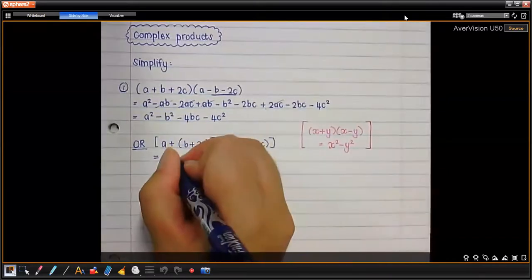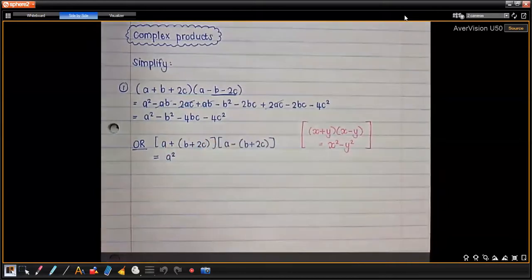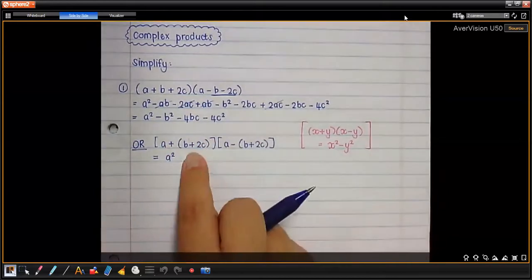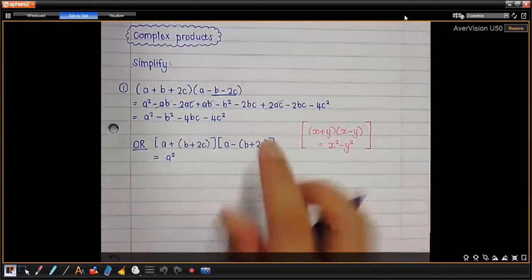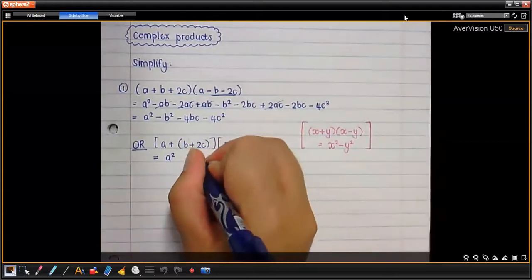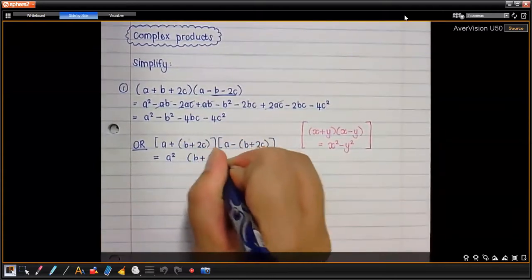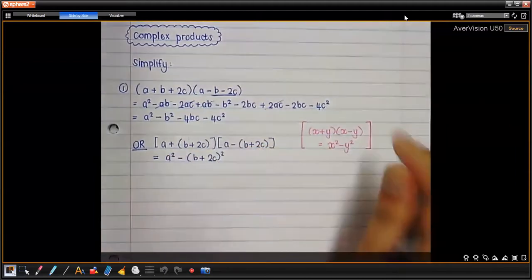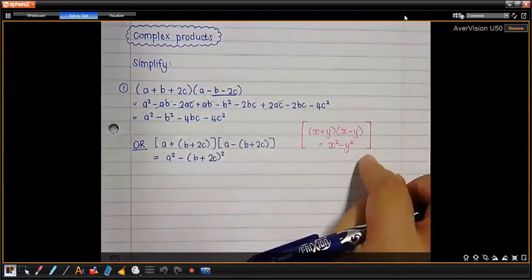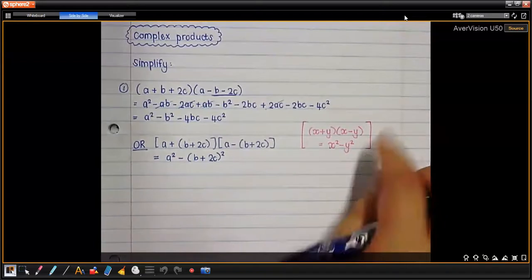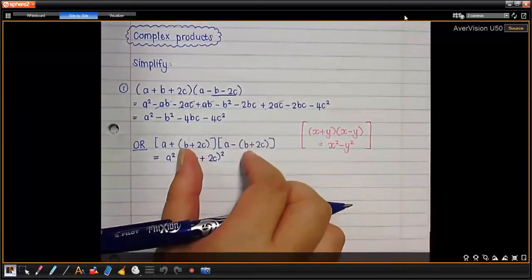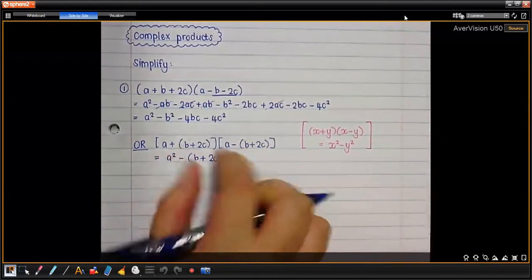A by A, yeah, which is A squared. Yes, good. So I'm basically applying this as a rule. I'm going to say that again, guys. If you have two brackets, in the two brackets you have two terms.